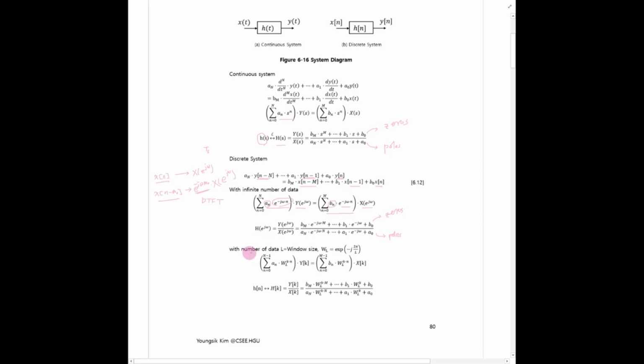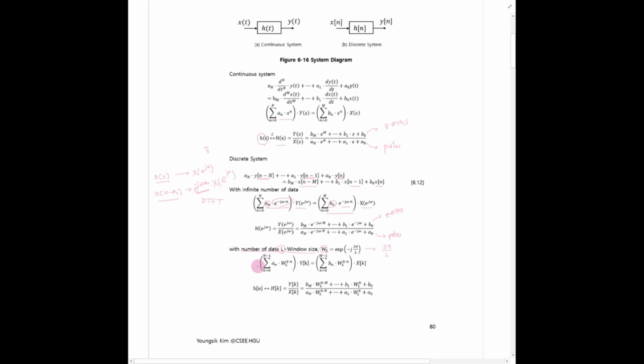In the case of limited data, it means that we have a limited window size. So we have L data, then W_L is expressed in this way. This means that the frequency step is 2π divided by the number of data, or the length of the window size.